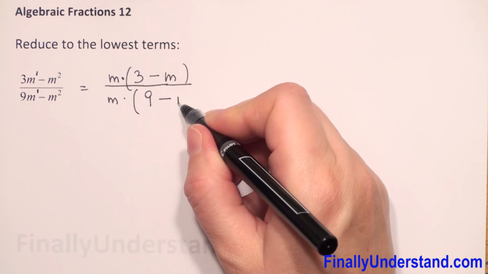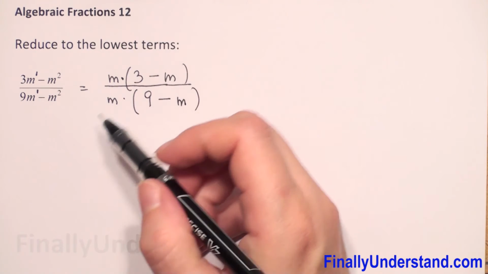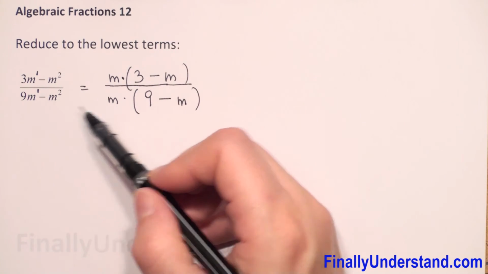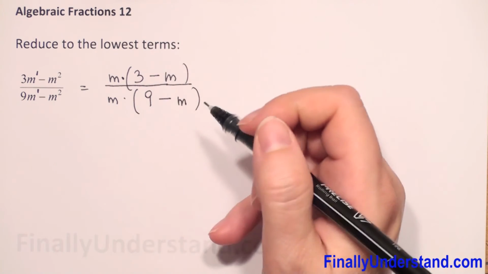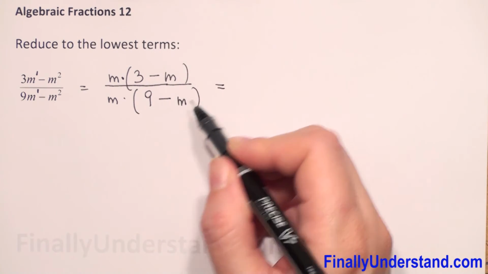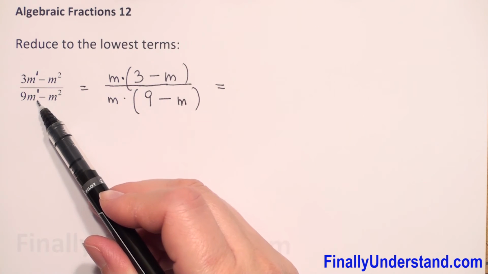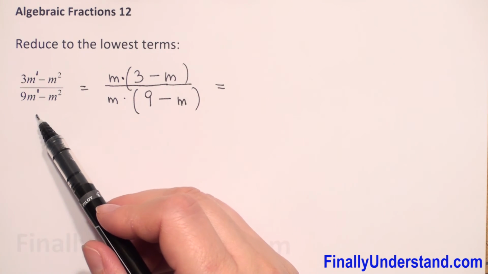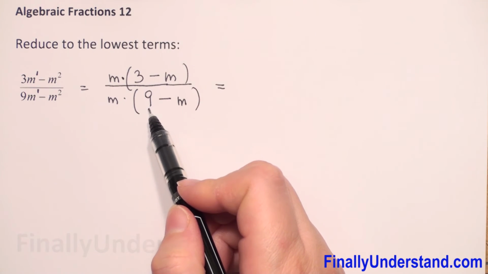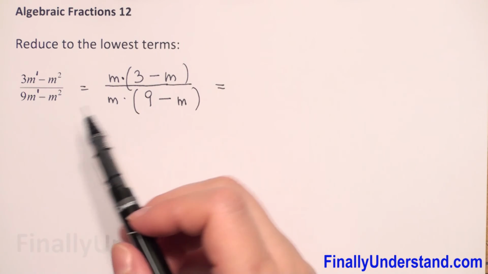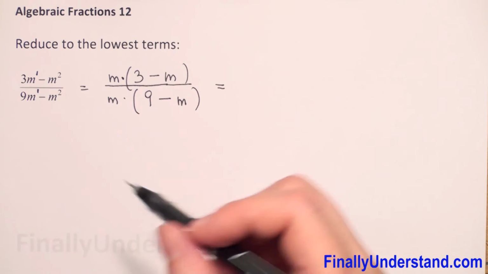By m. Or in other words, ask yourself how much m squared divided by m is. It is m. So now if you multiply every expression in parentheses by m, you will have exactly the same as what we have at the beginning. m times 9 is 9m, and m times negative m is negative m squared.